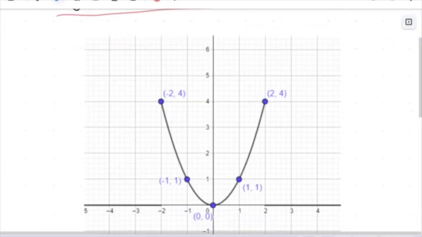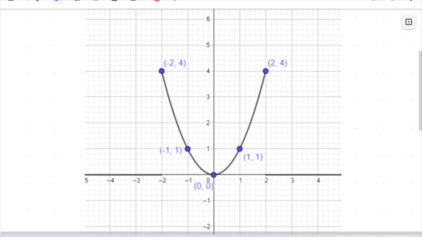Once again, a good way to understand the concept of any type of parabola transformation is through the lens of comparing it with our simplest form of parabola, y equals x squared. We are going to try a couple of different types of parabolas of this form and see the effect.